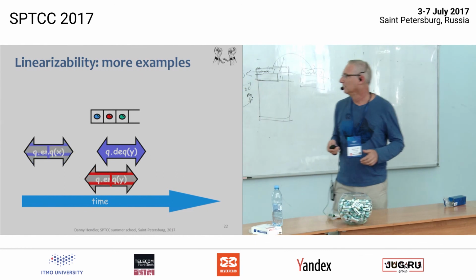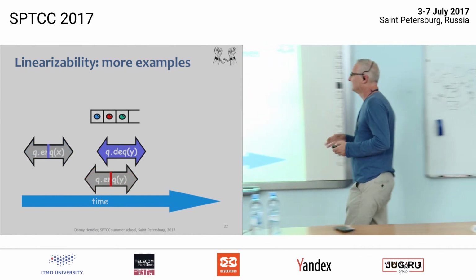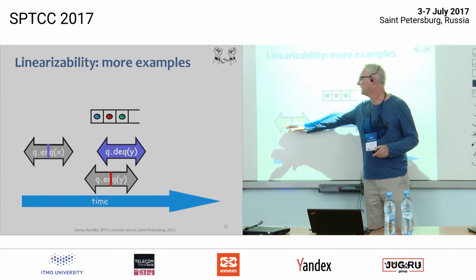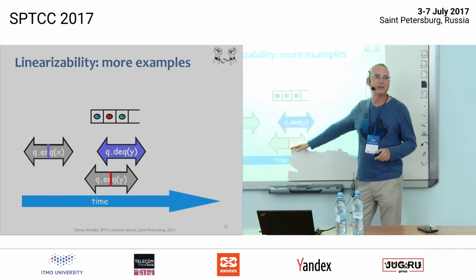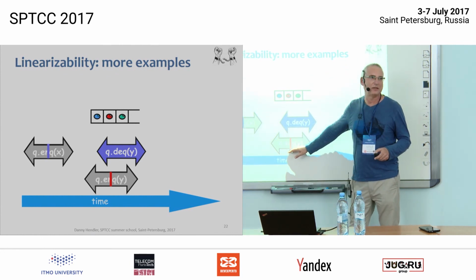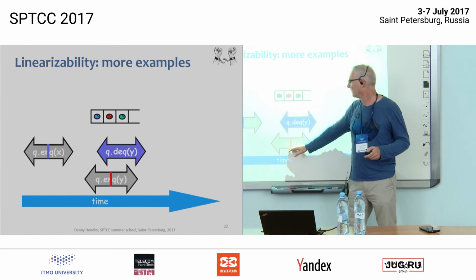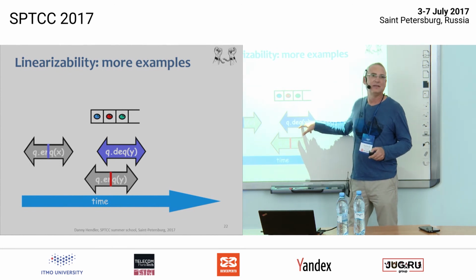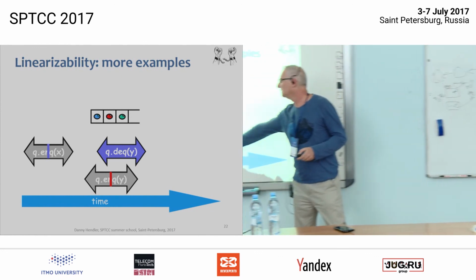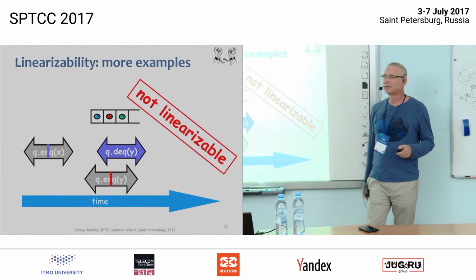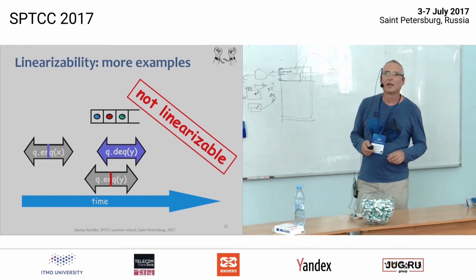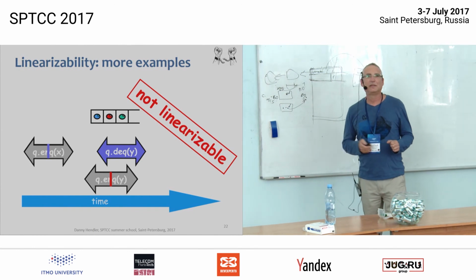Okay, this is illegal because no matter where we put the linearization point inside the interval of these two operations, the NQ of X precedes the NQ of Y. There is an order relation between the two. So this means that it can't be that the single DQ that we have returns Y. It must return X. So this execution is illegal. Any questions up to this point?